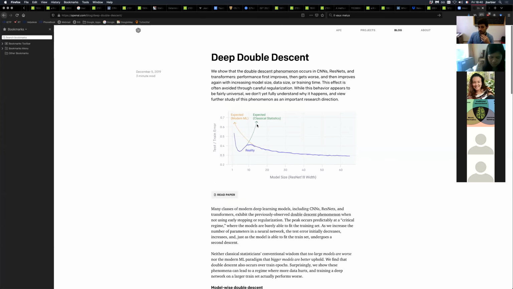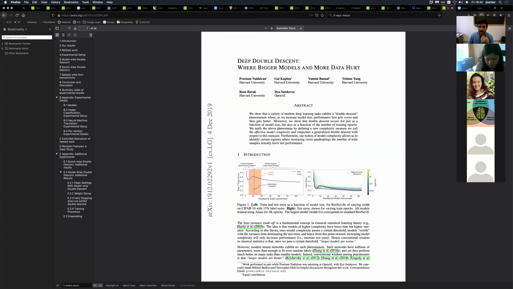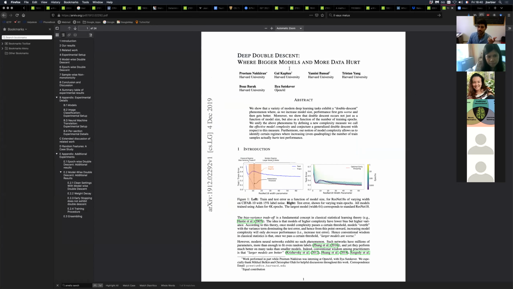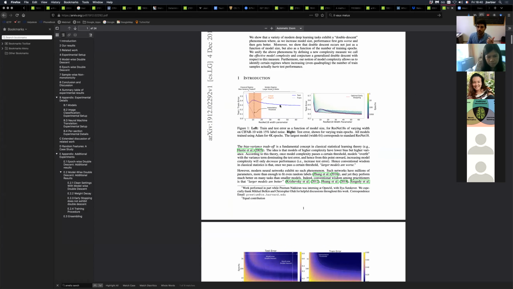Classical statistics, which is what we did today, tells you that you should continue to increase, but actually what happens is that you have a second decrease. And now you have many papers on that, the deep double descent. This thing happens in deep neural networks and in many other settings. And so that's very nice.